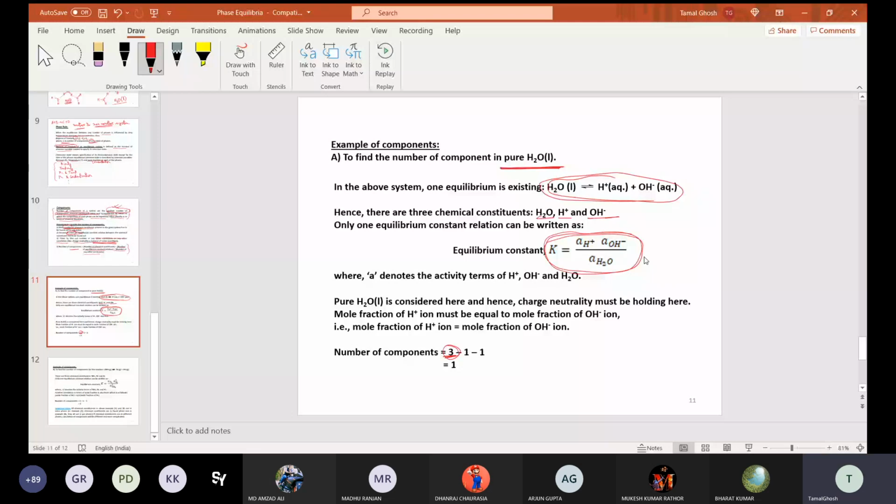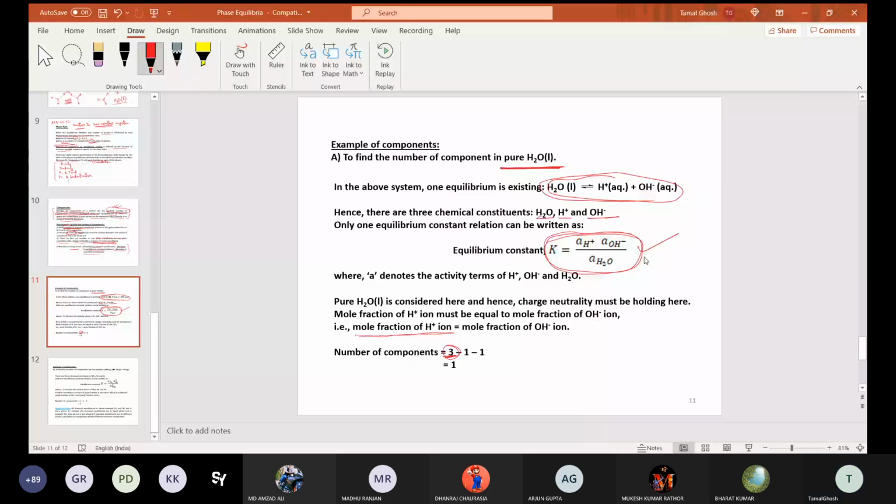Also we have another correlation. Water is neutral, so the mole fraction of H plus will be equal to the mole fraction of OH minus. So for the number of components, we have 3, then minus 1.